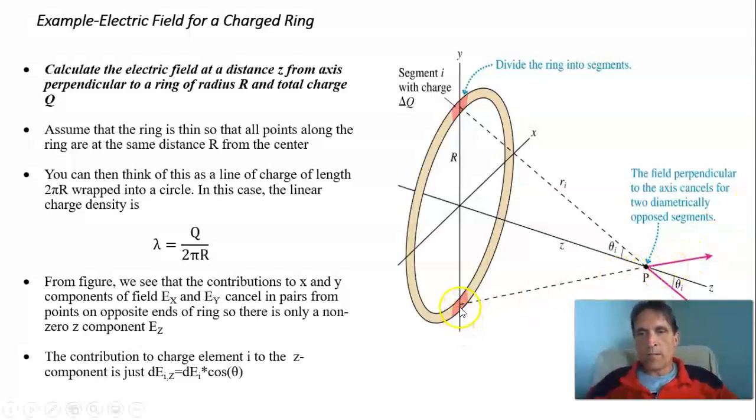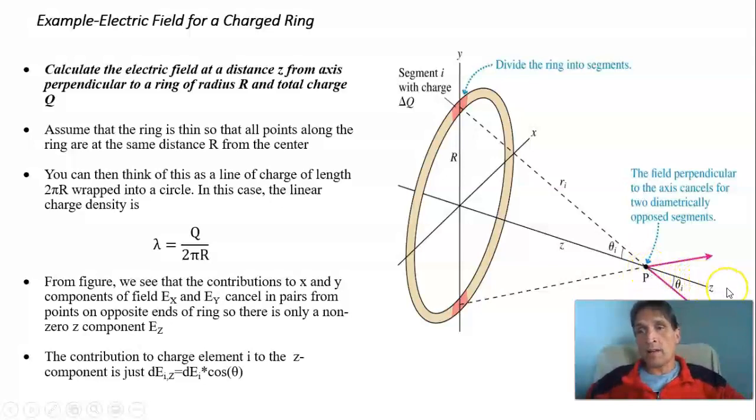Here's the bottom of the ring, and that electric field will point up. That has a component in the plus y direction, and this component of charge right here at the top has an electric field, and its y component is in the negative direction. There's the same amount of charge on the top as on the bottom, and they're both the same distance from point P, so their y components are going to cancel. But their z components are not going to.